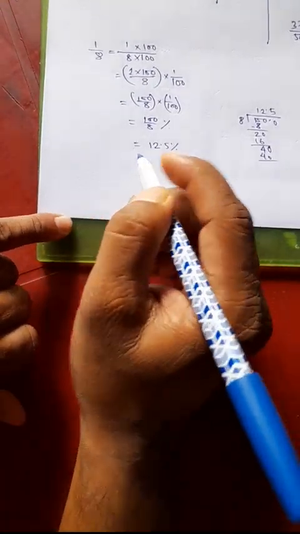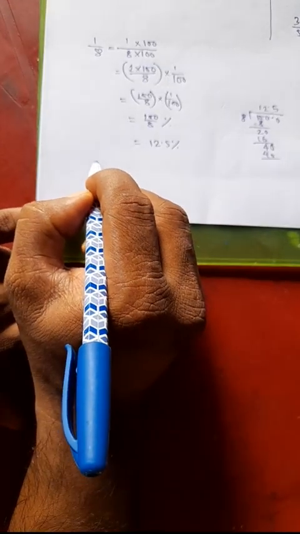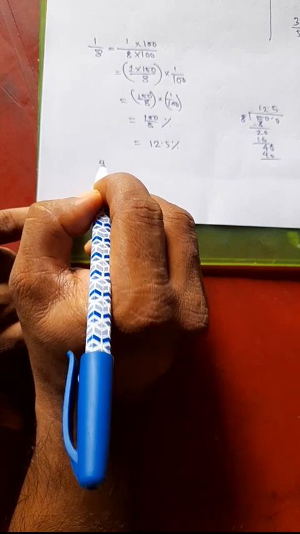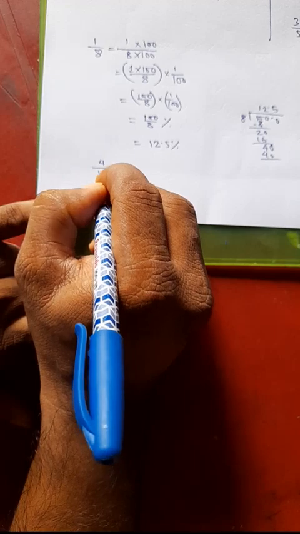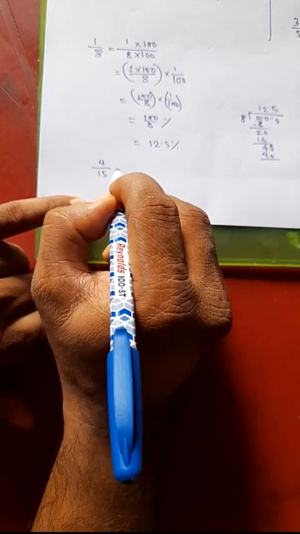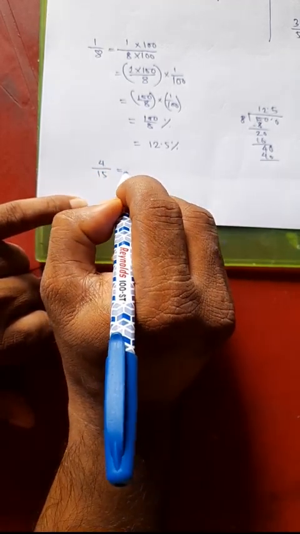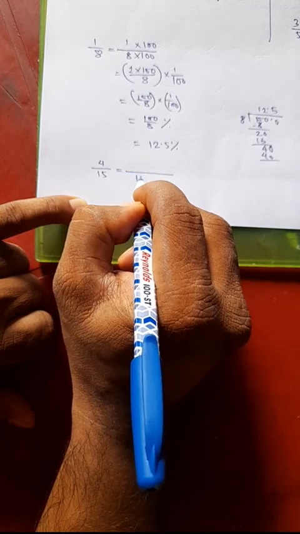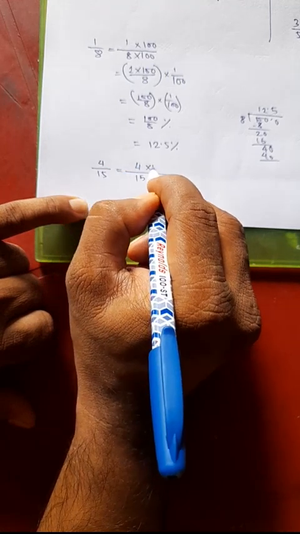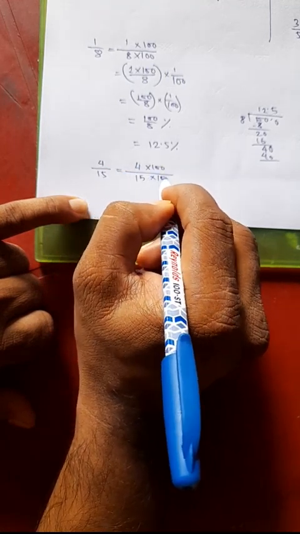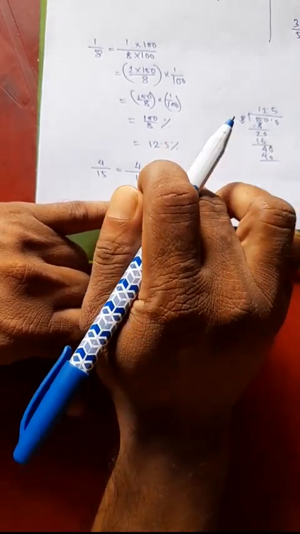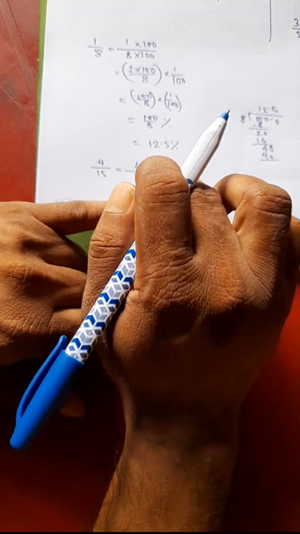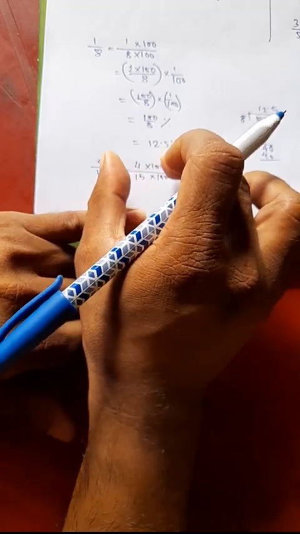Similarly, say for example you are given 4 by 15. How to convert this into percentage? You multiply both 15 and 4 by 100. Now we will separate this 100 from this multiplication.